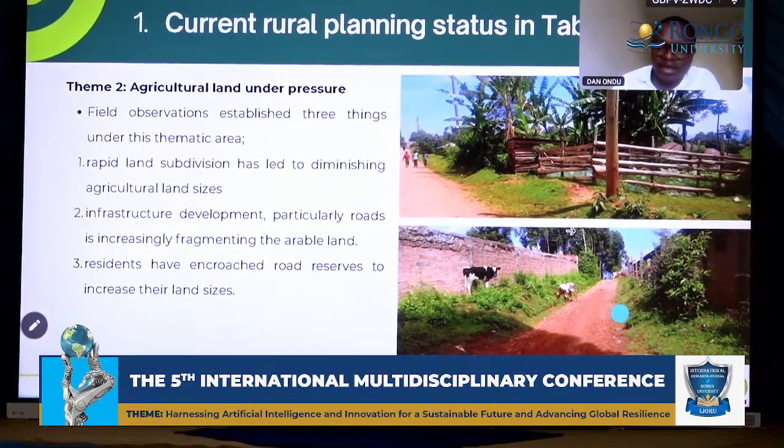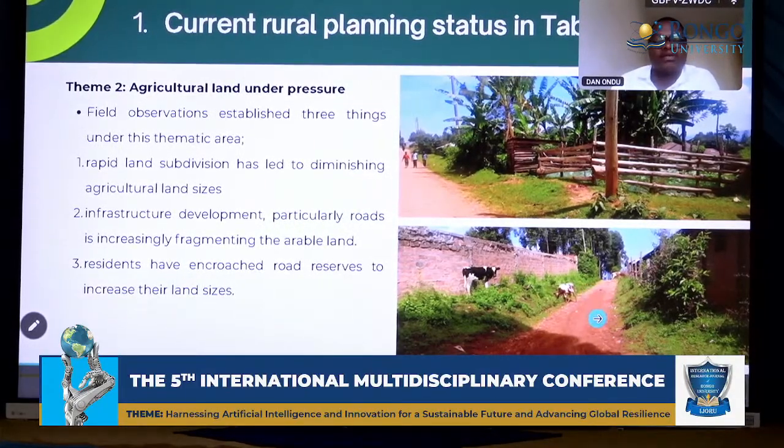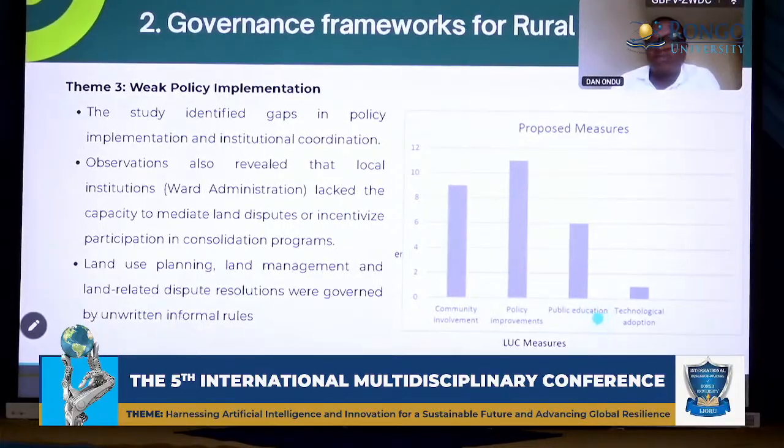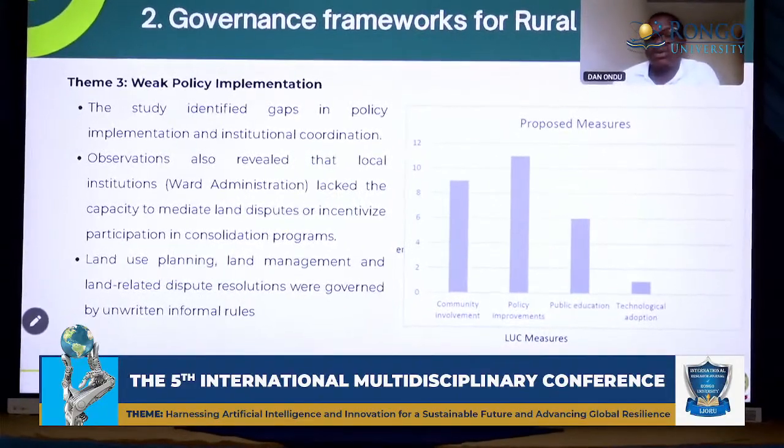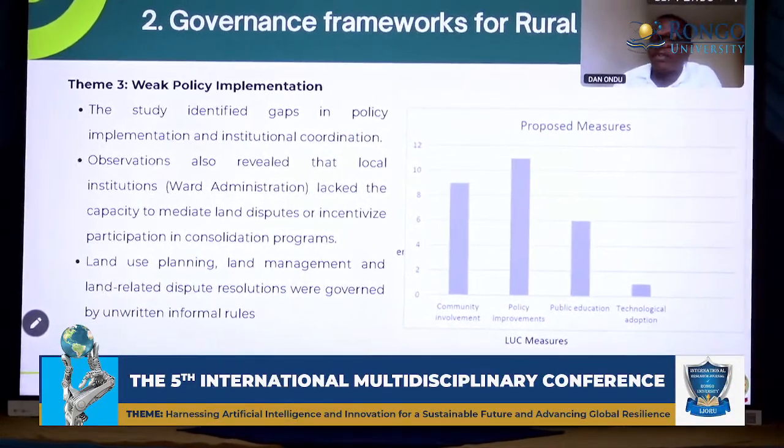For instance, you can see here a very small size fenced in, but someone has to own land. There were issues of weak policy implementation. There were evident gaps in policy implementation and institutional coordination between the national government, the water administration, and even the county government.